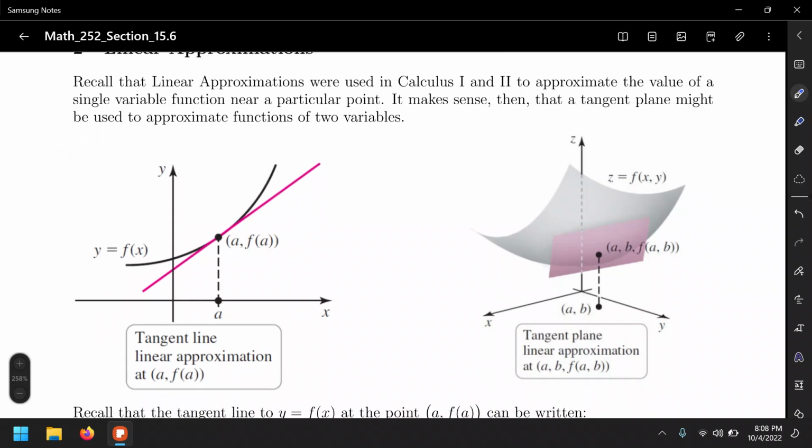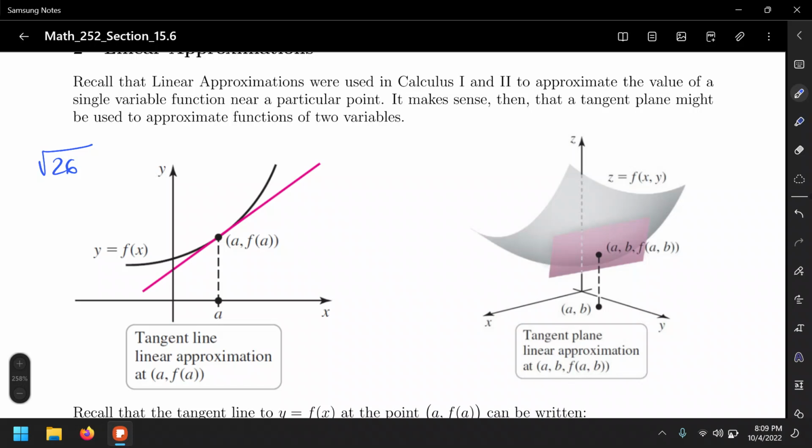For example, if we wanted to calculate the square root of 26, in this case we would need to guess a function and find the equation of a tangent line at some point x that is the closest perfect square.